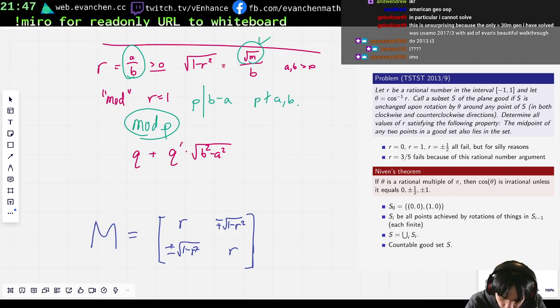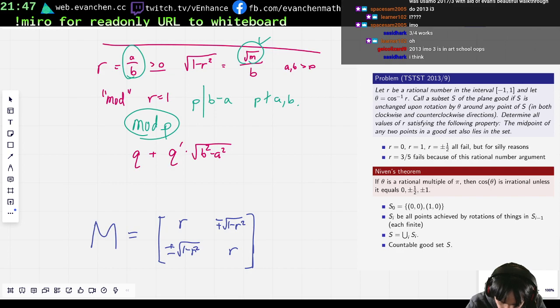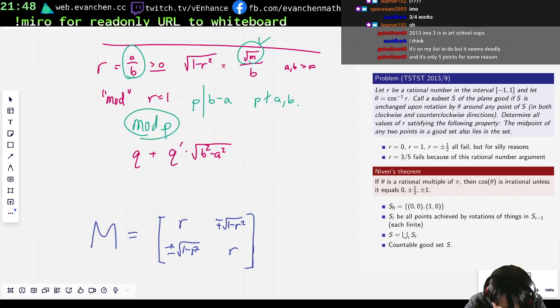And then the point is this is congruent to... So we say this is congruent to... This is a non-standard definition. We're going to say this is congruent to the... Define as congruent to Q mod P, and this respects addition and multiplication.